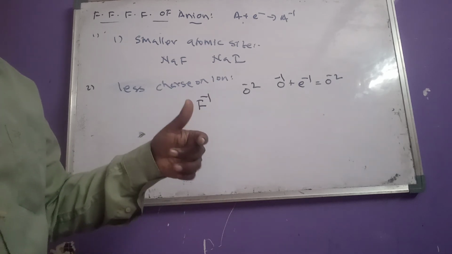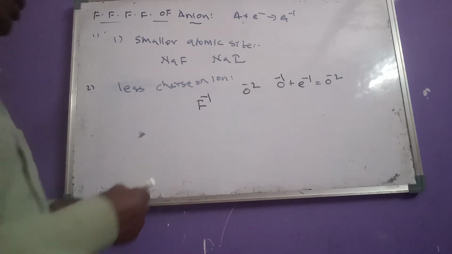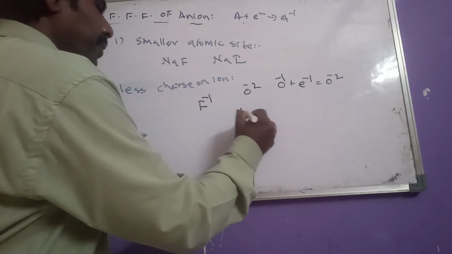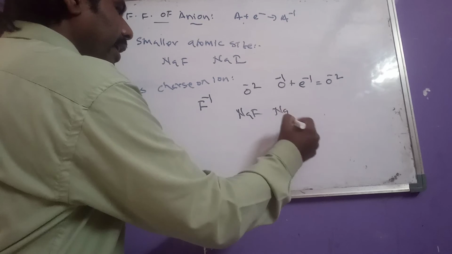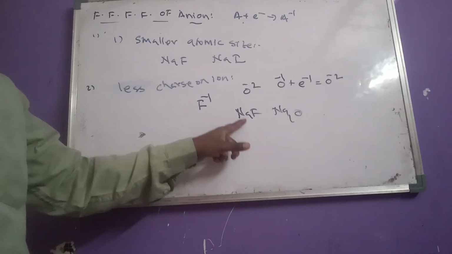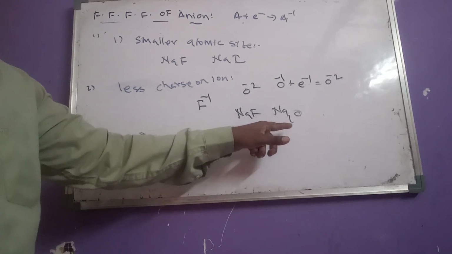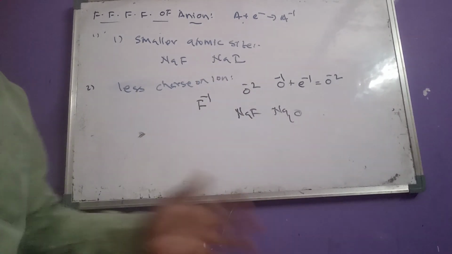Example: NaF and Na2O. NaF has more ionic character because F- is formed easily, and Na2O has more covalent nature.